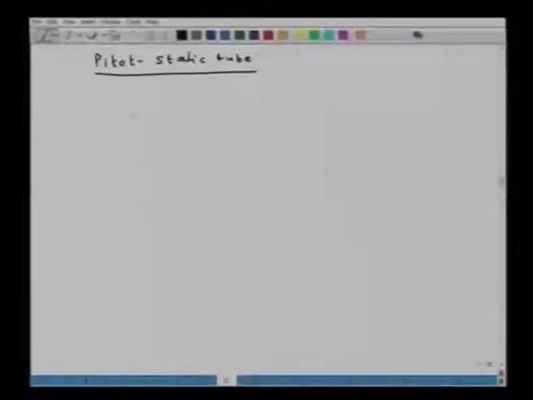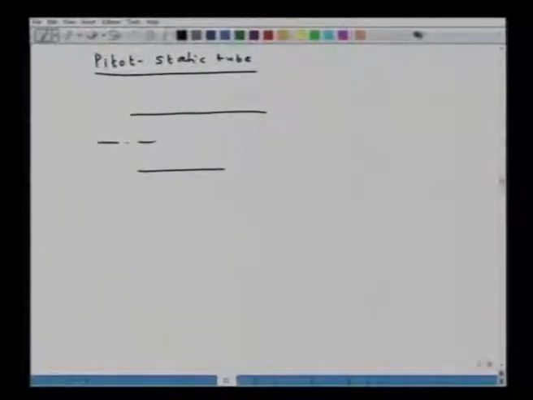So, let us consider a pipe where this is the flow, this is the center line, right. So, here we are installing a pitot tube.